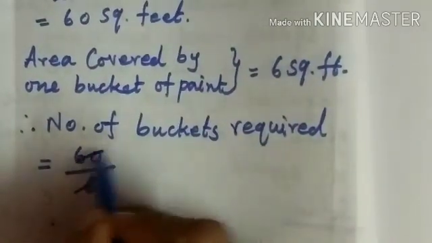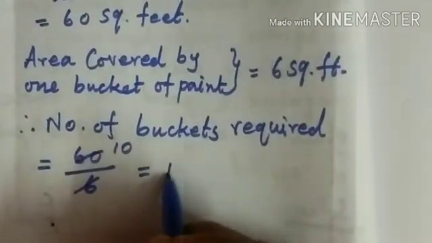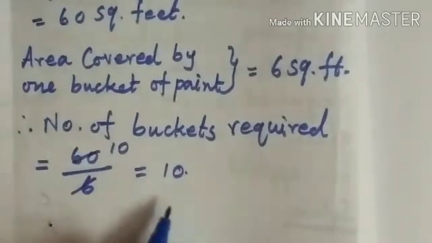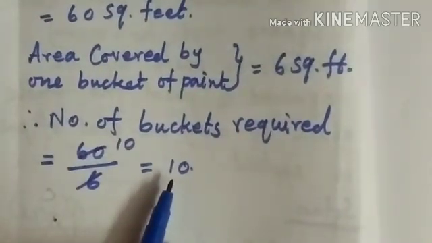Simplify this, we get 10. Therefore, the number of buckets is equal to 10 buckets.